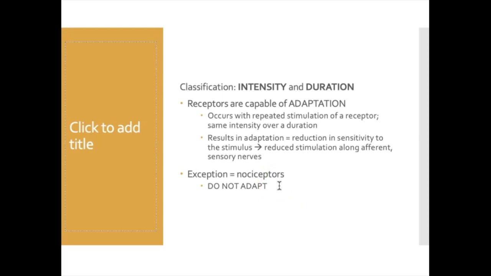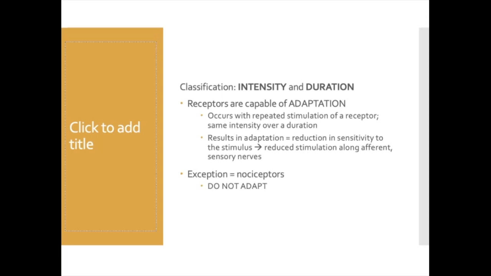Now, if you think about that from an evolutionary standpoint, it makes a lot of sense. If our nociceptors were capable of adaptation, it would be possible for our nociceptors to stop firing if we got into a situation where we were receiving the same level of stimulus at the same intensity across the same duration, a long duration.